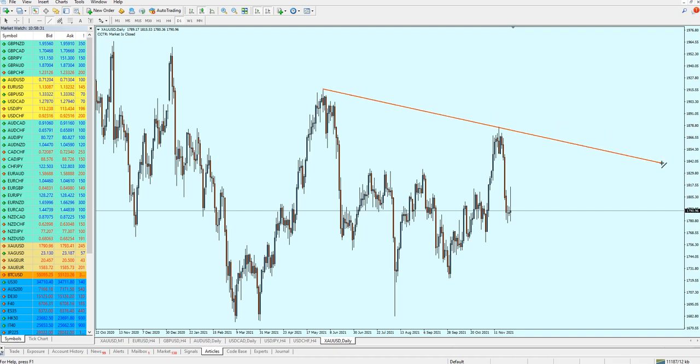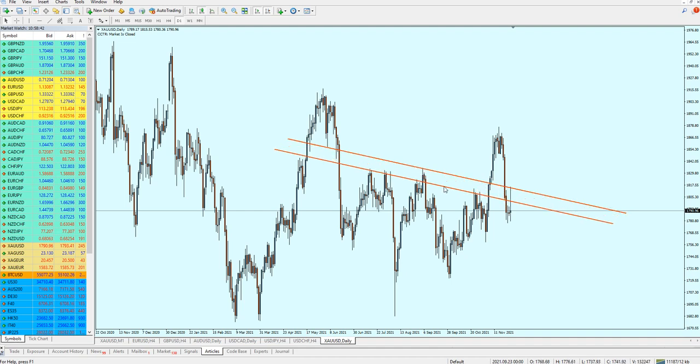We also have the resistance trend line. If I draw it like that, perfect. The pair has reached the maximum of that resistance trend line, and another one, fantastic.